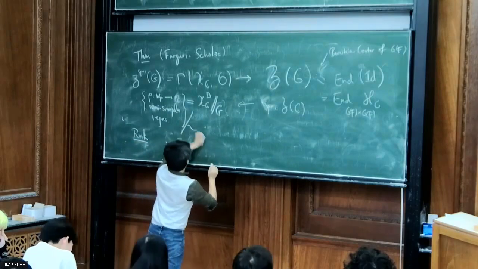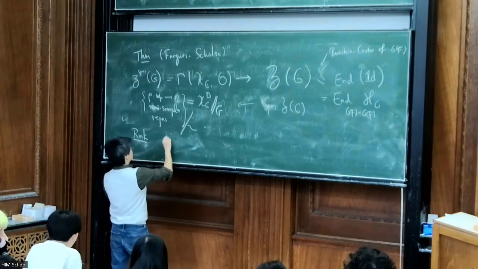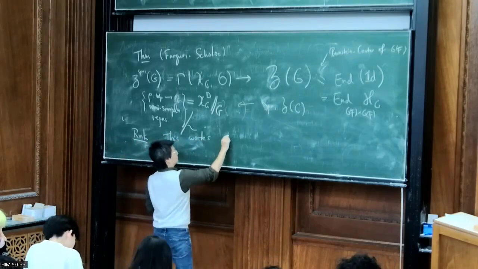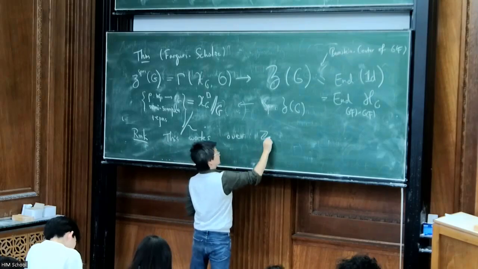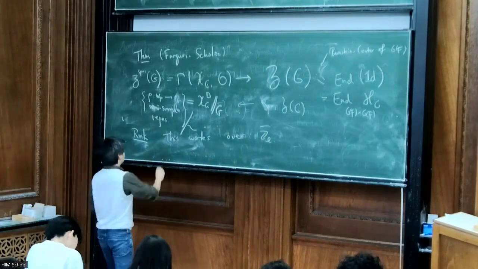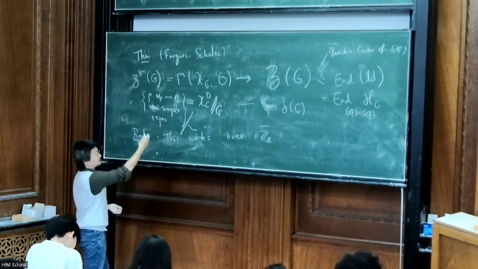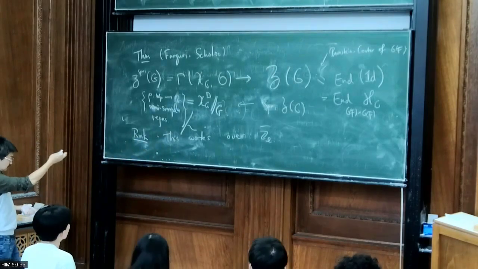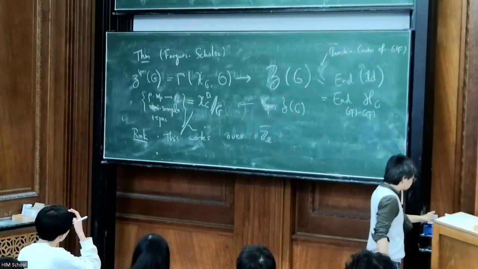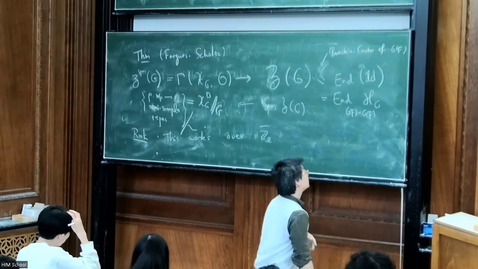First of all, let me make a remark. This works over ZL, not just QL coefficients. Second, such a thing actually exists. The prediction existed a long time ago, before this categorical local Langlands conjecture.